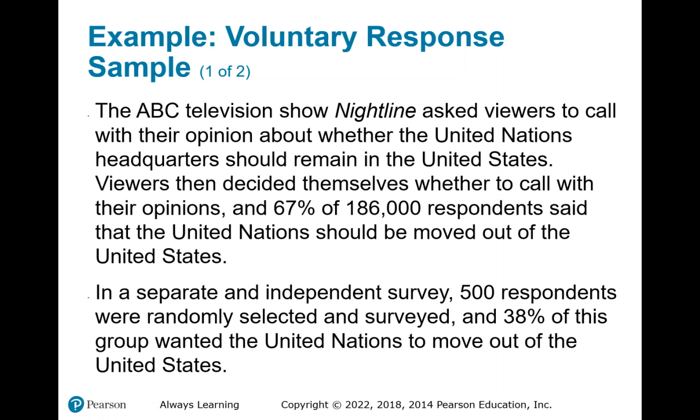Viewers then decided themselves whether to call with their opinions, and 67% of 186,000 respondents said that the United Nations should be moved out of the United States. In a separate and independent survey, 500 respondents were randomly selected and surveyed, and 38% of this group wanted the United Nations to move out.